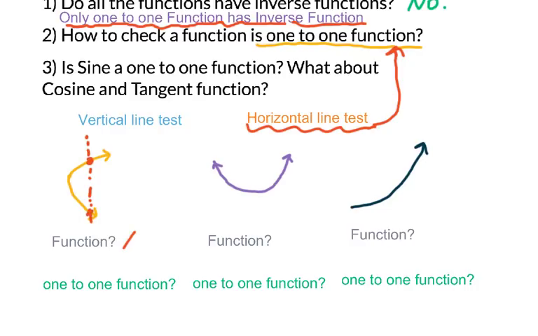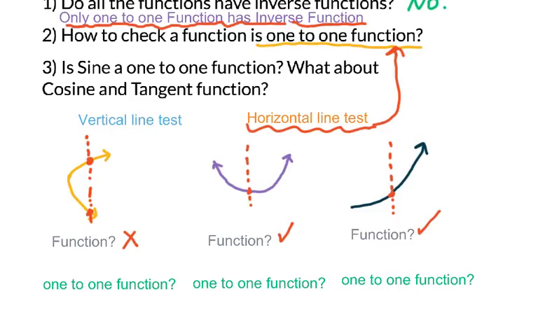That means it's not a function. For the second graph, every vertical line has only one intersection, which means this is a function. Let's test the third graph. Only one intersection means a function.